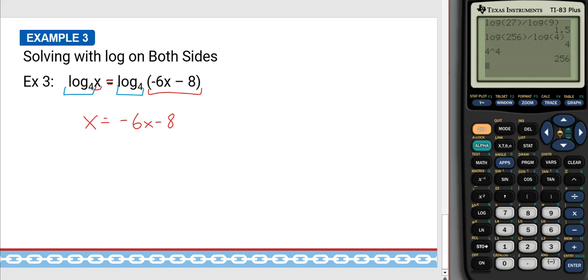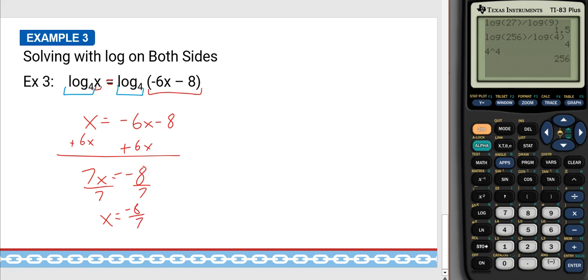So now I can work to solve this equation, right? We would add over the 6x. We get 7x equals negative 8. And then I could divide out the 7. I get x equals negative 8 sevenths.